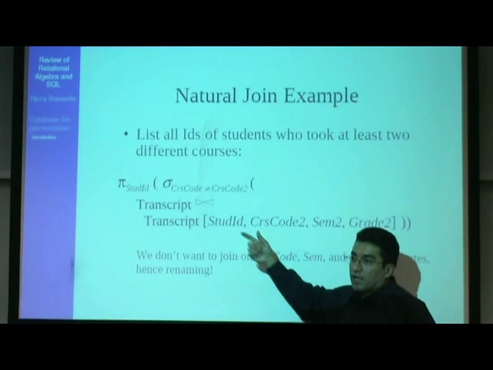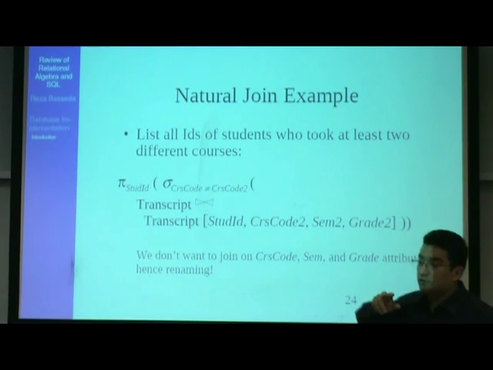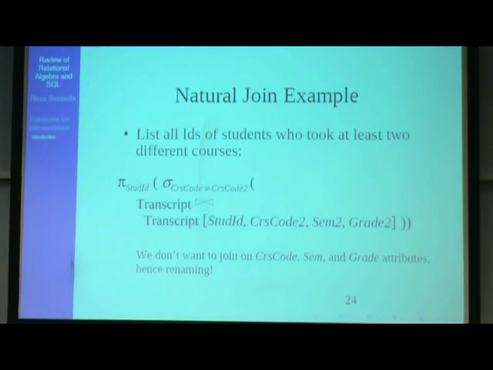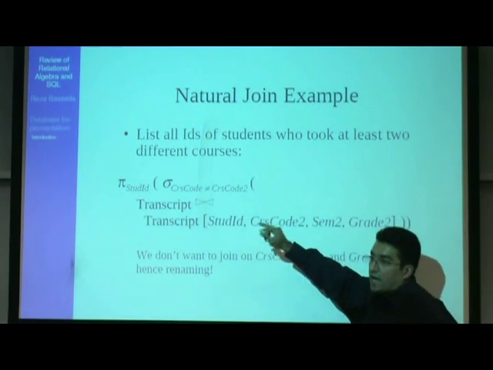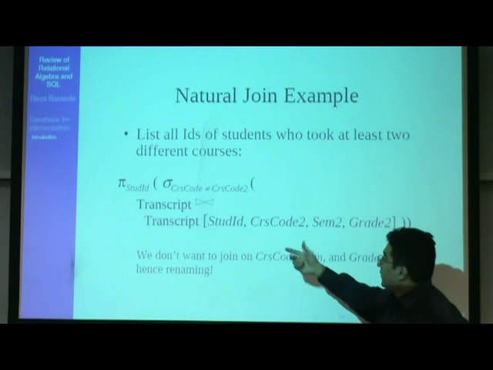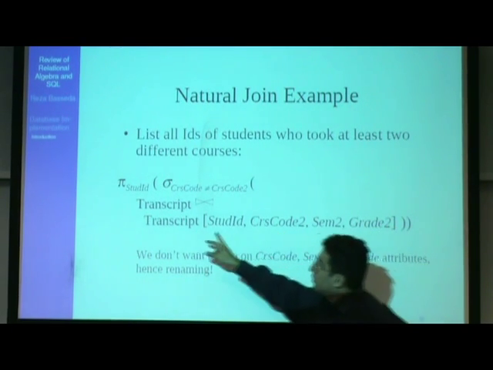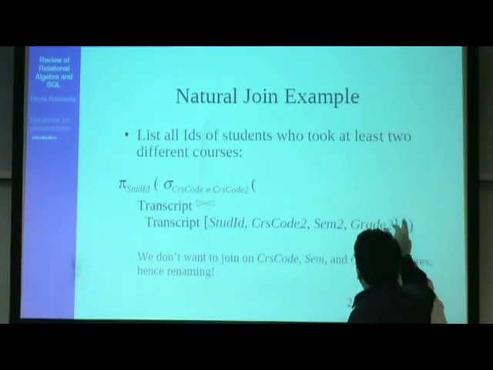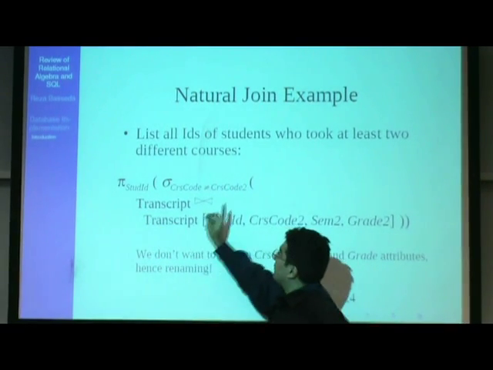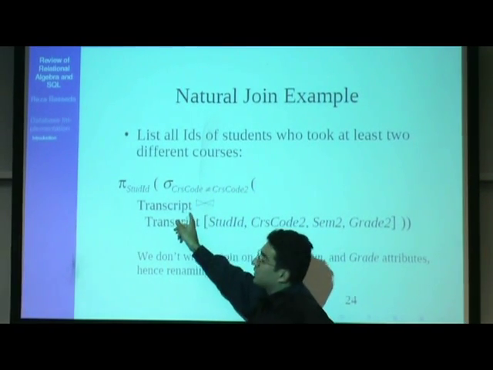But if the student has taken two different courses, then the natural join will have a row where the course code from this side of the operator will be different from the course code from the other side.